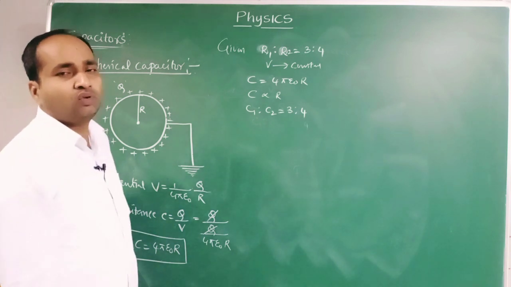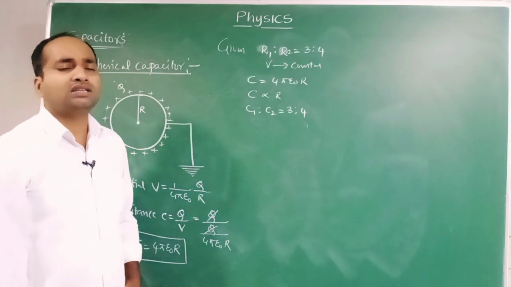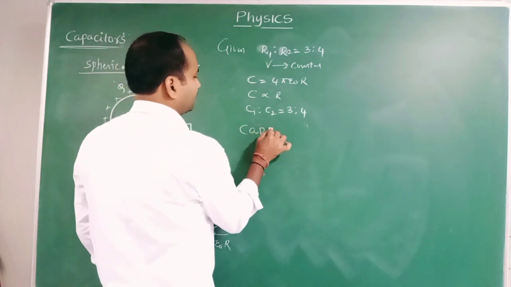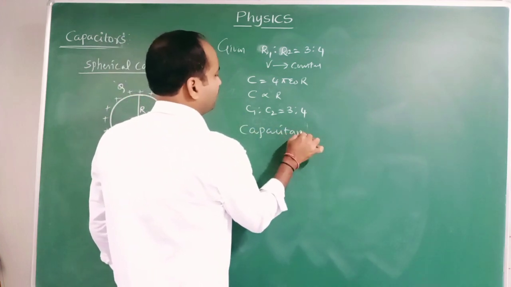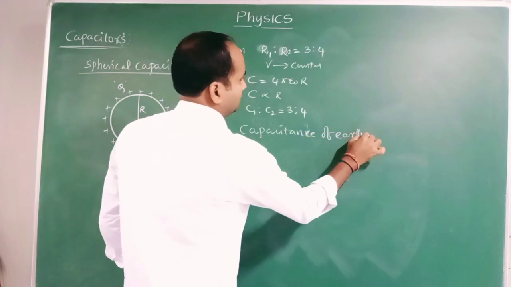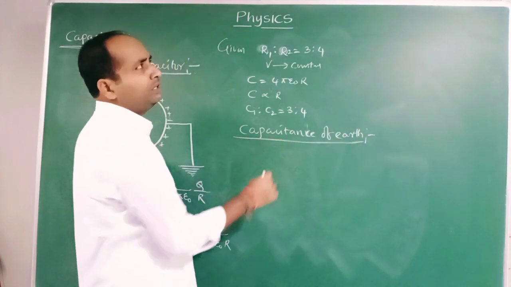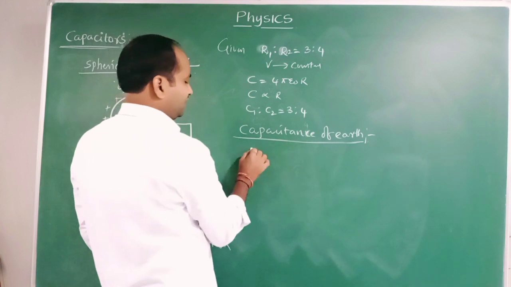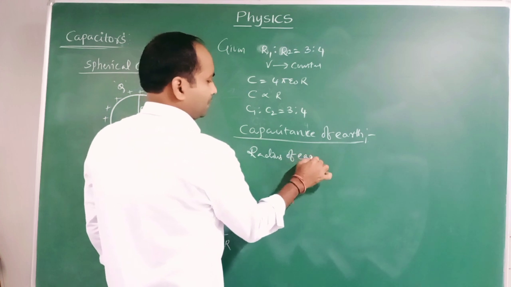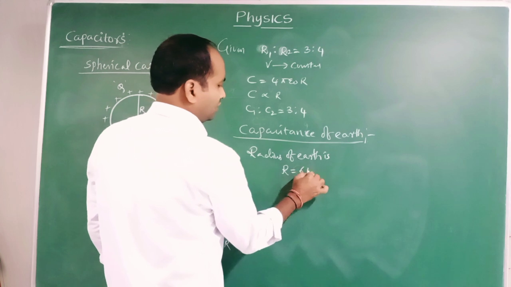In the same way, we know that the earth is also spherical in nature. If we calculate the capacitance of the earth, the radius of the earth is 6,400 kilometers.